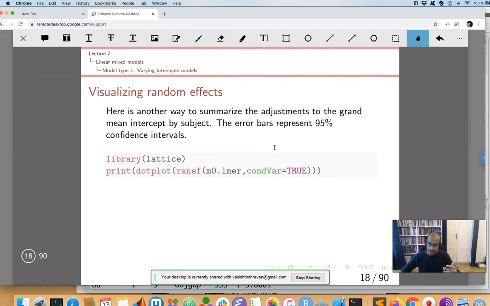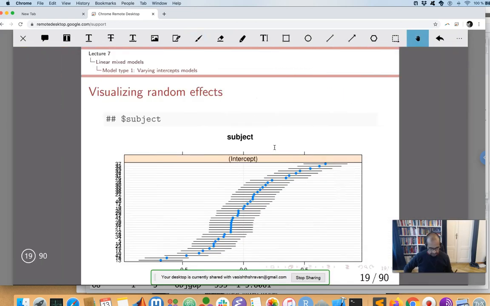You can also visualize the by-subject variability, so the between-subject variability in average speed, by using this dotplot function from the lattice package. If you run this function, what you will see is, for all the 42 subjects, the different intercept adjustments.